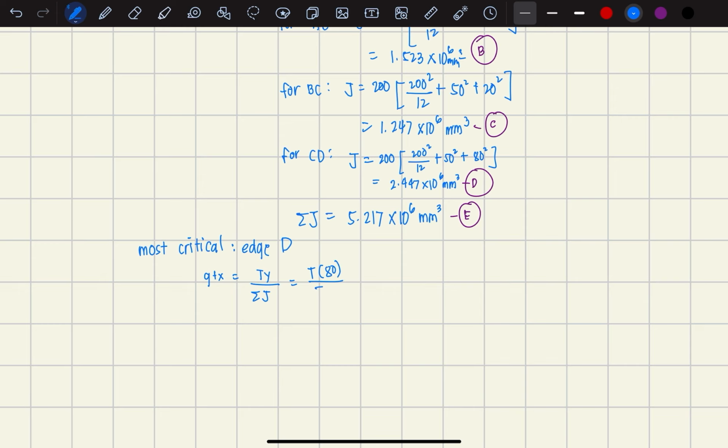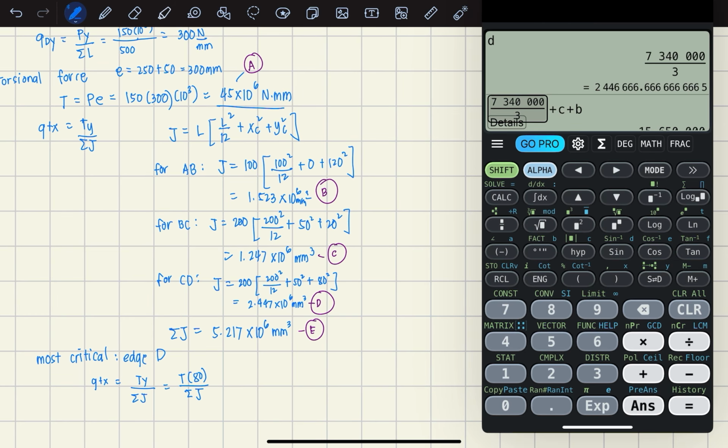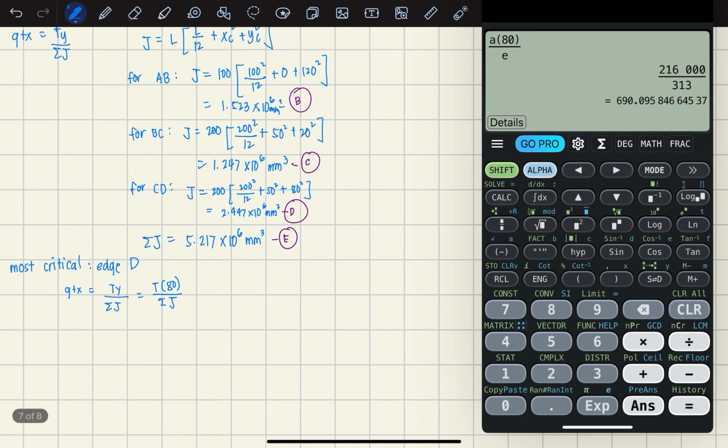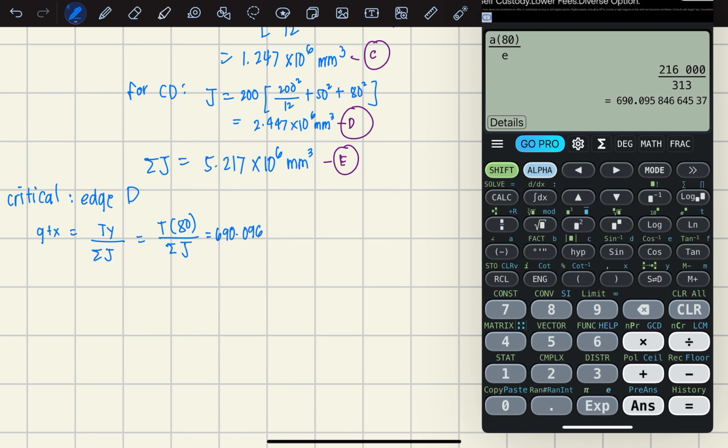So, 80 over summation J. Na-stored values na natin yung T na nasa A. So, compute na lang natin 80 over yung J na nasa E. So, 690.096 Newton per mm. So, stored natin to sa B.